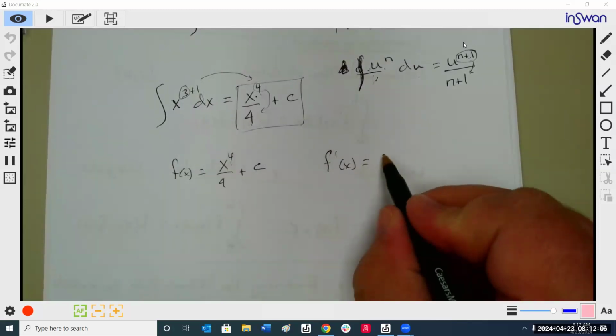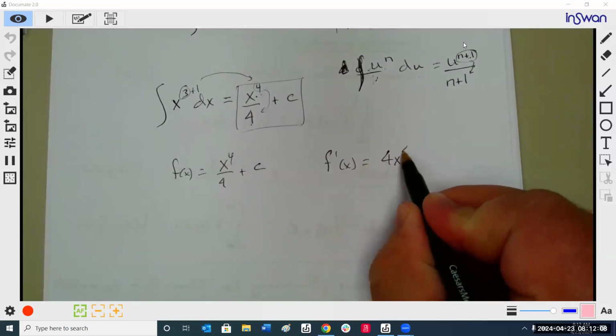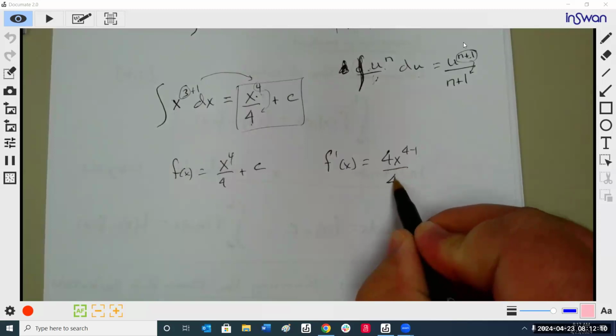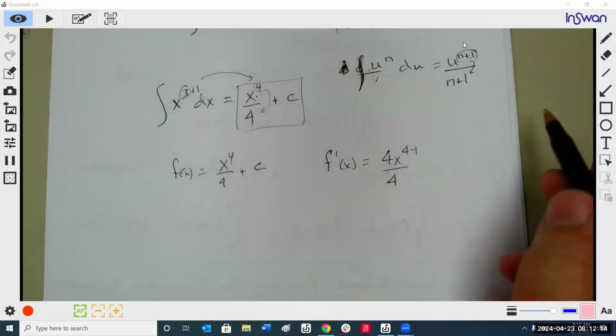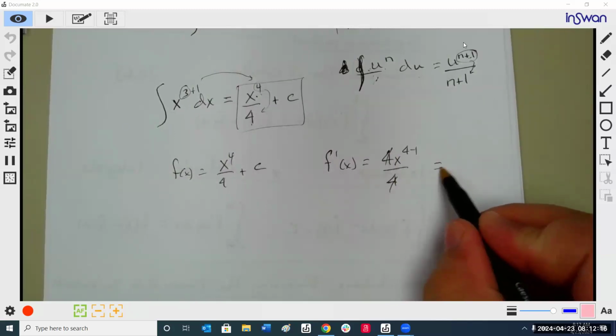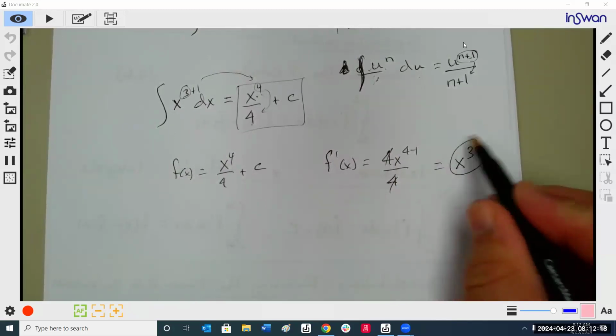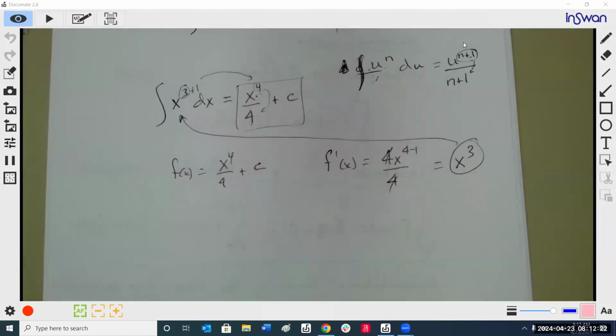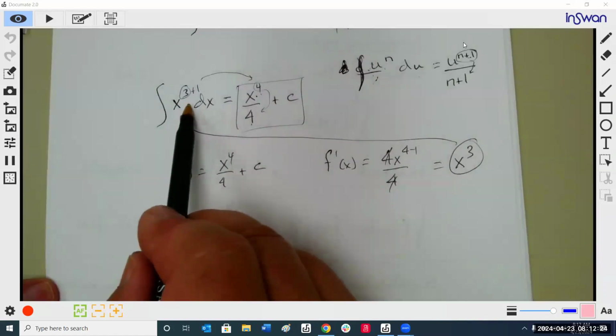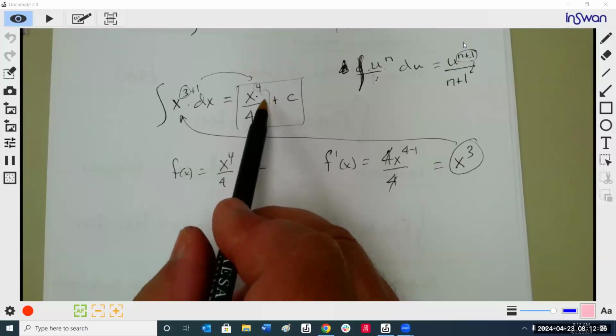So the 4 comes down. So it's 4 minus 1. The derivative of a constant, 0. The 4's cancel, so we have x cubed. And that's exactly what we should end up with. Because remember, you start off with a derivative and you come back to the original function.